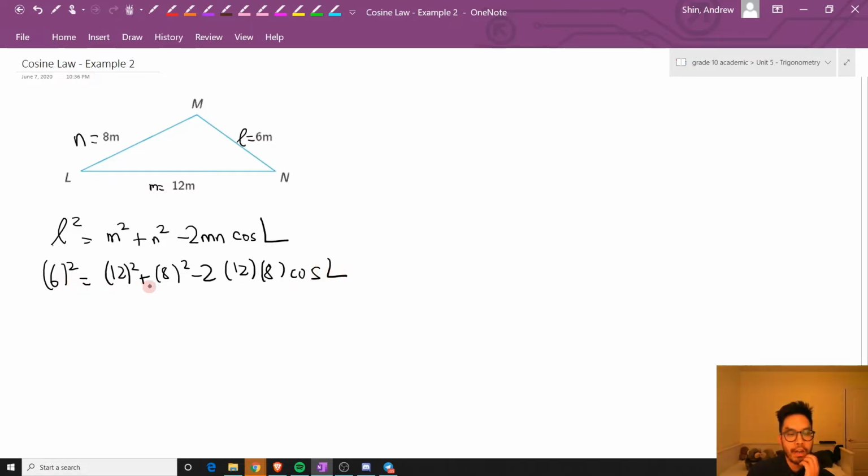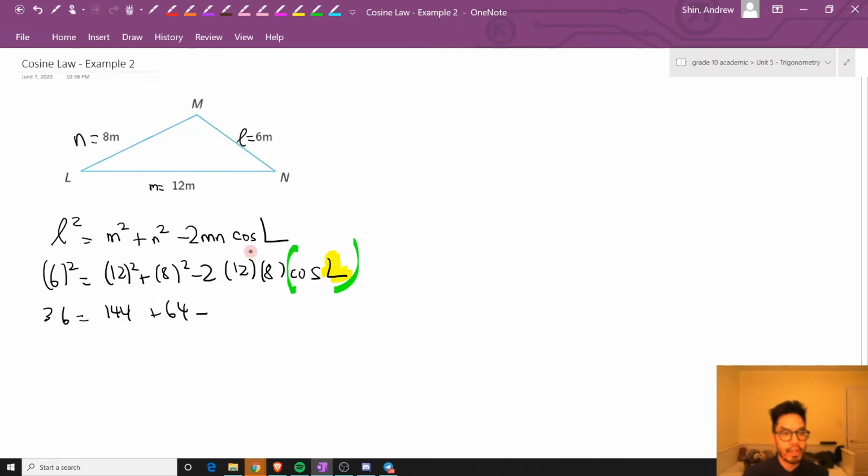We have only one variable now, right? And this is the one where we have to isolate. So let's do that. I'm going to simplify: 6 squared is going to be 36. This will be 144. This will be 64.